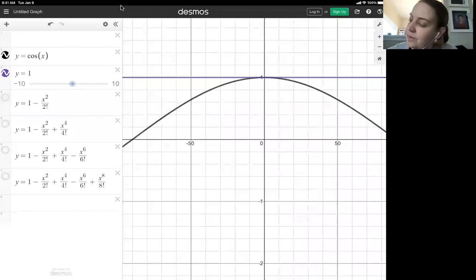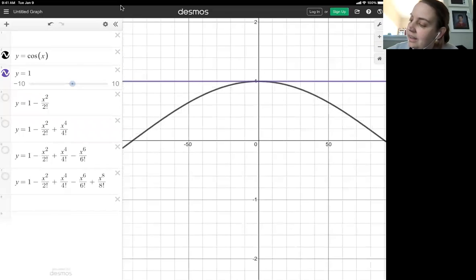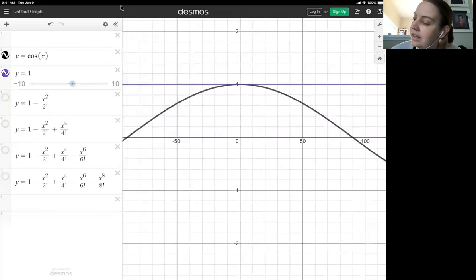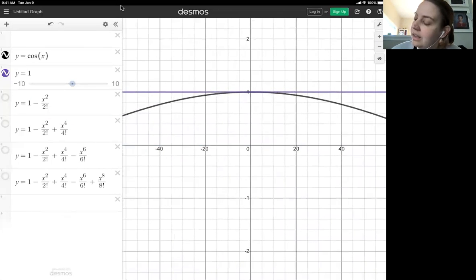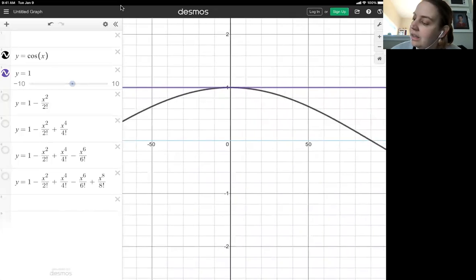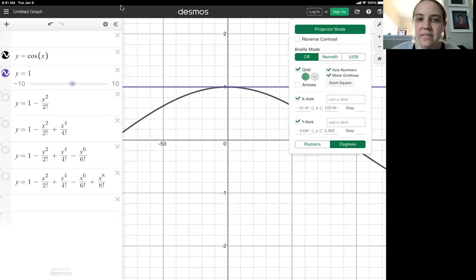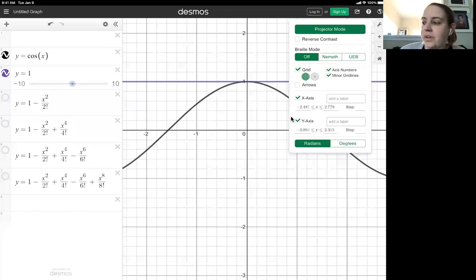Now it's looking like cosine again. Hold on. I'm sorry. I've got to fix my graph. I'll be right back. All right, we're in good shape now. My calculator was in degrees, not radians. That's why it was all stretched out. All right, we're back in business now. We are in radians again.